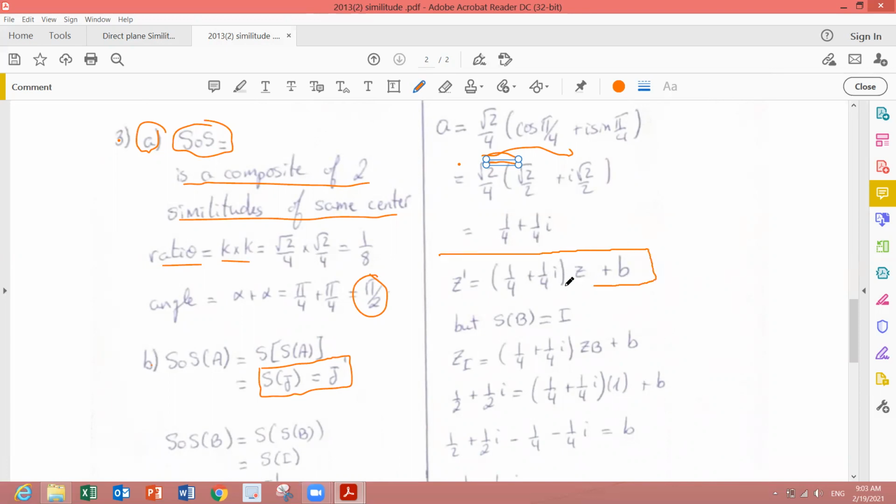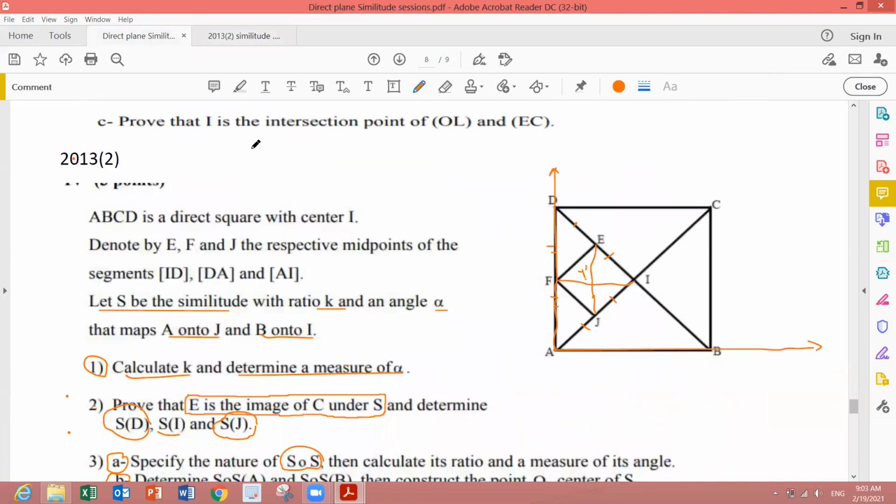Now to calculate b, we can use one of the images. For example, I can use A onto J, or B onto I. The coordinates of B is 1, 0. Coordinates of I is half, half.